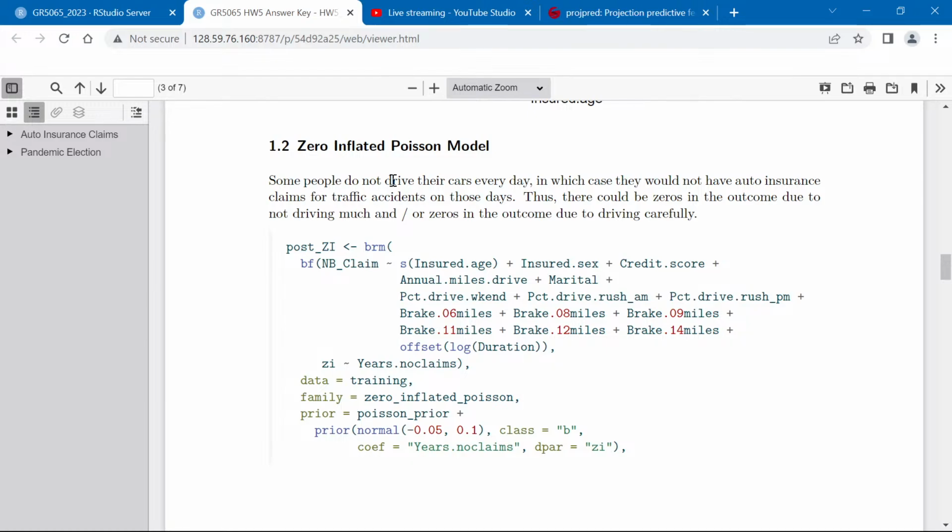And so, yeah, if you don't drive very much, you could go into that. It's a totally plausible model, but because the counts, even with just the regular Poisson, the expected count of the number of claims is fairly low, that's not too inconsistent with a regular Poisson.